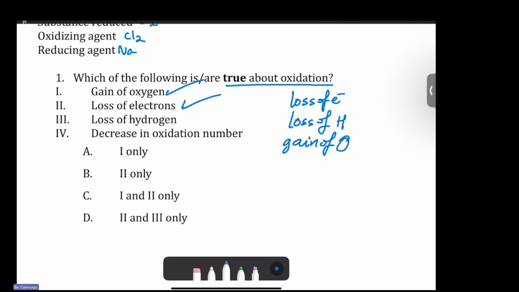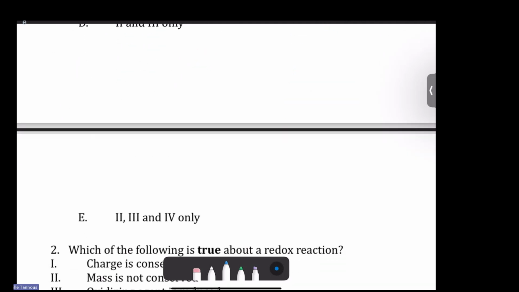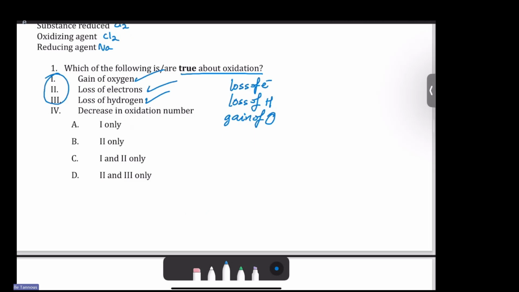So, loss of electrons is correct, loss of hydrogen is correct. Oh, I don't have this option. Ah, here. Okay, 1, 2, and 3. That's the correct answer. So the right answer is 1, 2, and 3. It shows an increase in the oxidation number, not a decrease.